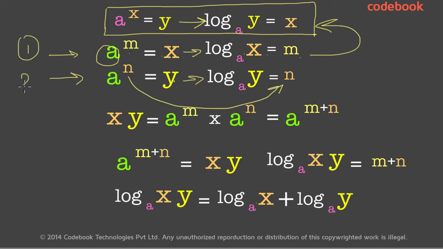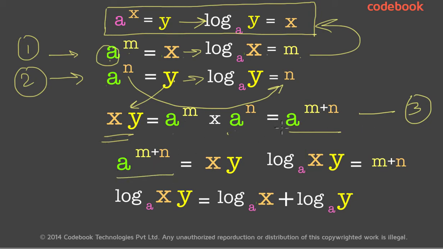Let us assume this as 1 and this as 2, and now let's multiply 1 and 2. So you will have xy is equal to a power m multiplied by a power n. But from the laws of exponents, we know that this is nothing but a power m plus n. So let's call this 3. From 3, we know that a power m plus n is equal to xy.